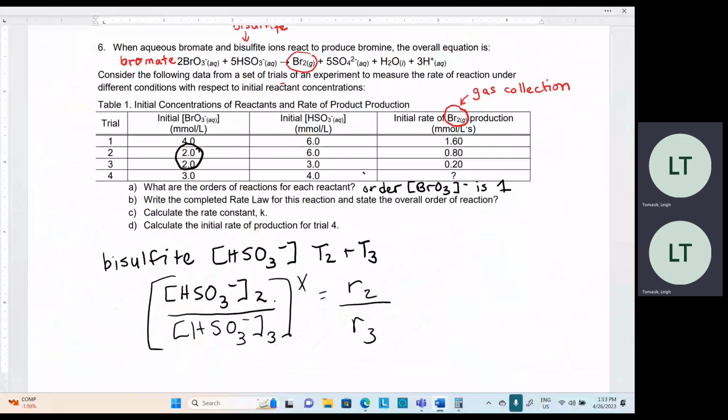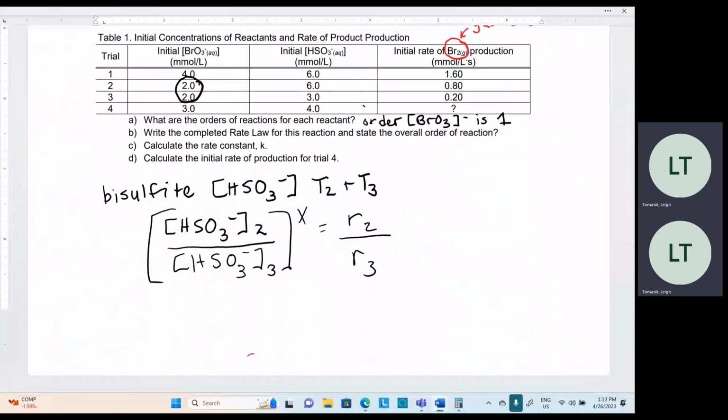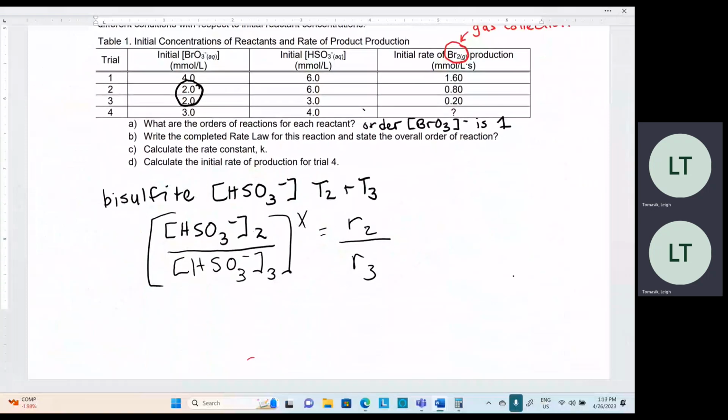Make sure the trial you use in the numerator is the same, and the trial in the denominator is the same. So this is 6.0 millimoles per liter, and this is 3.0 millimoles per liter.